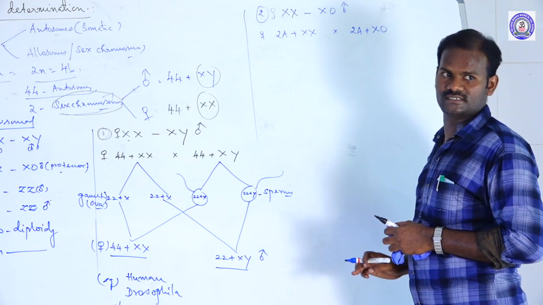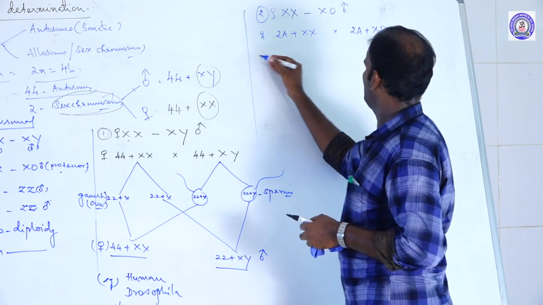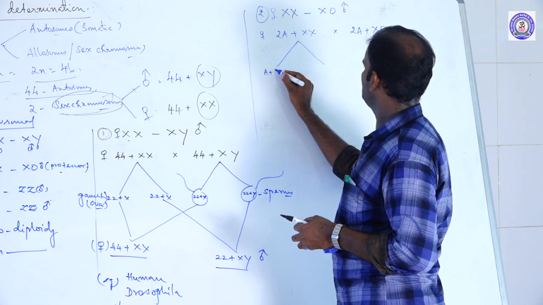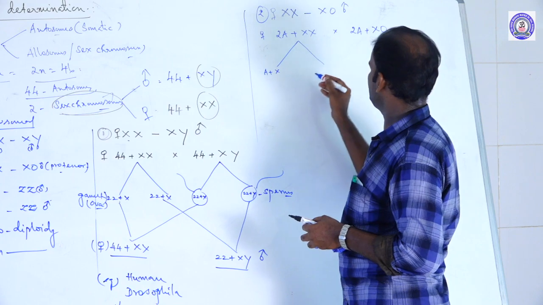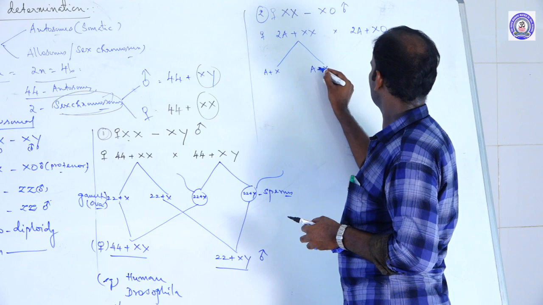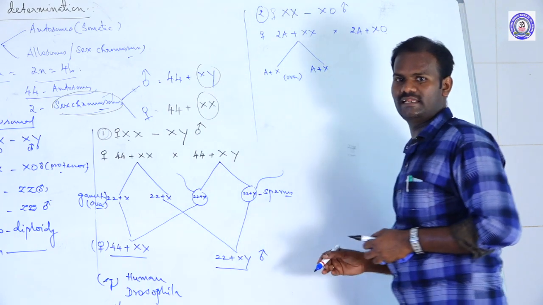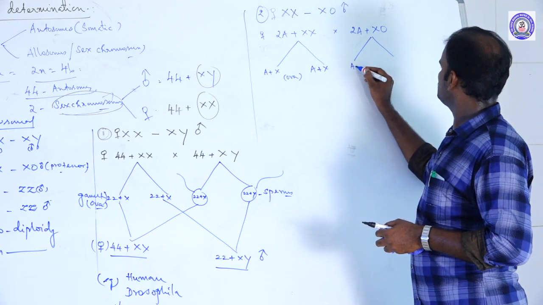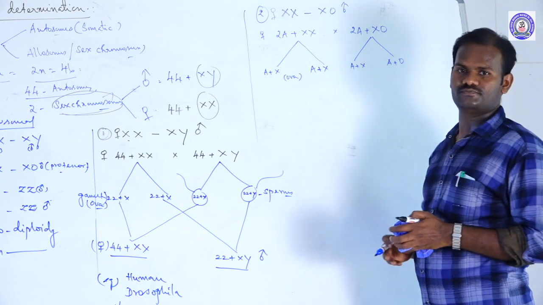At the time of gamete formation, A plus X, half the number of chromosomes is reduced. A plus X, here also A plus X. These are ova, the female gametes.